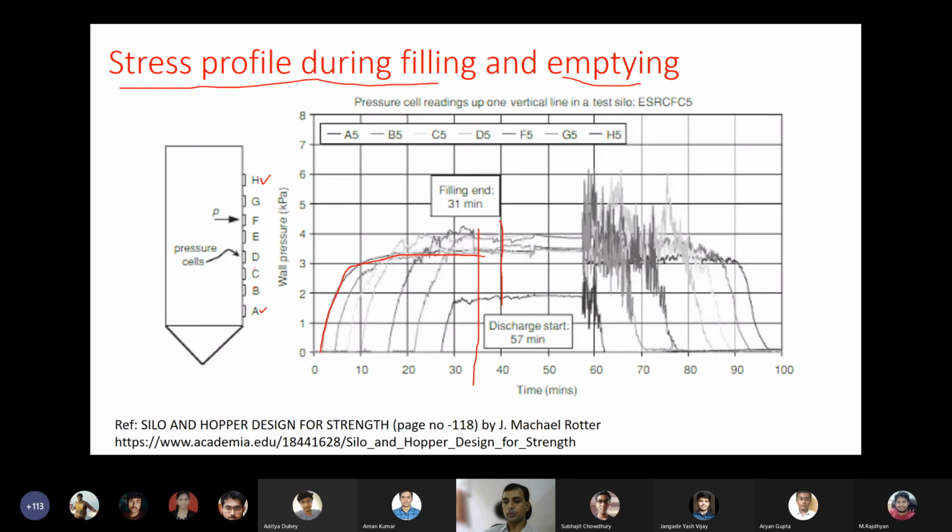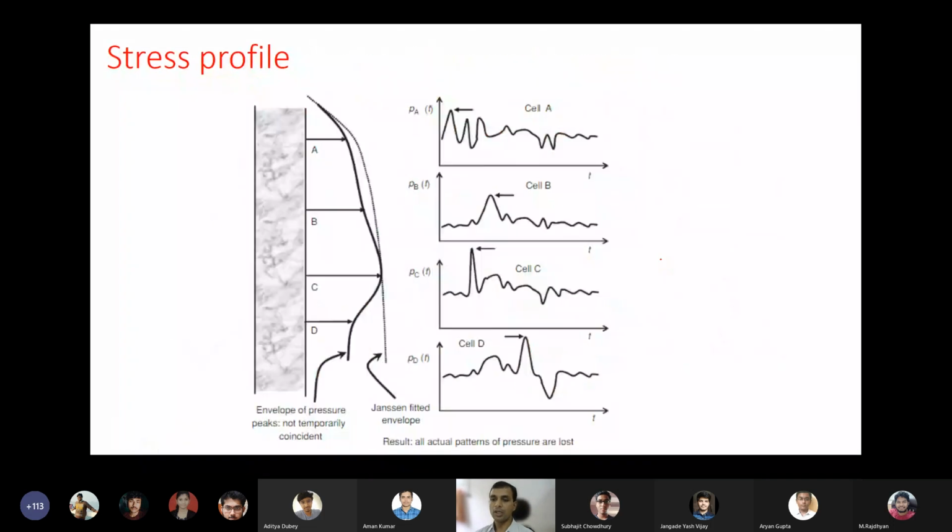Just now we have seen that. While discharging, there is a sudden abrupt increase in the stress profile. Why does this sudden abrupt increase take place? This is the same thing I have explained here. This is during the discharge. At some point of time, you will see a peak, an increase and decrease, and the stress profile varies like this.